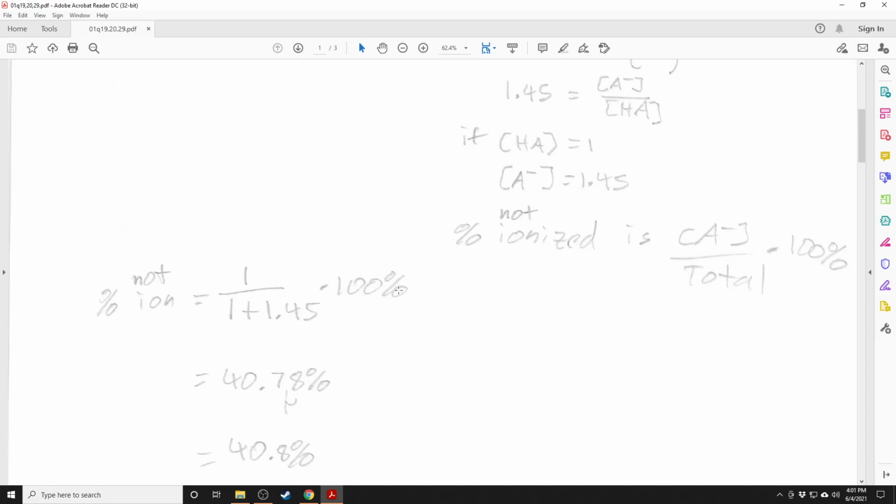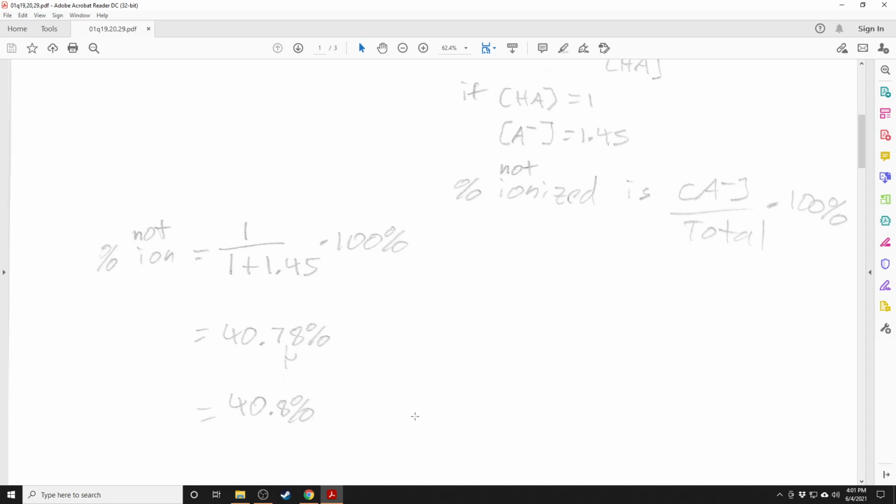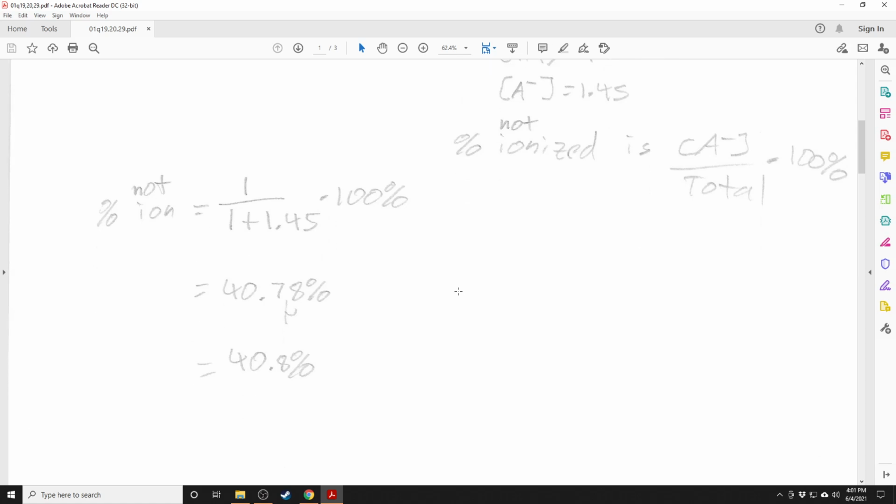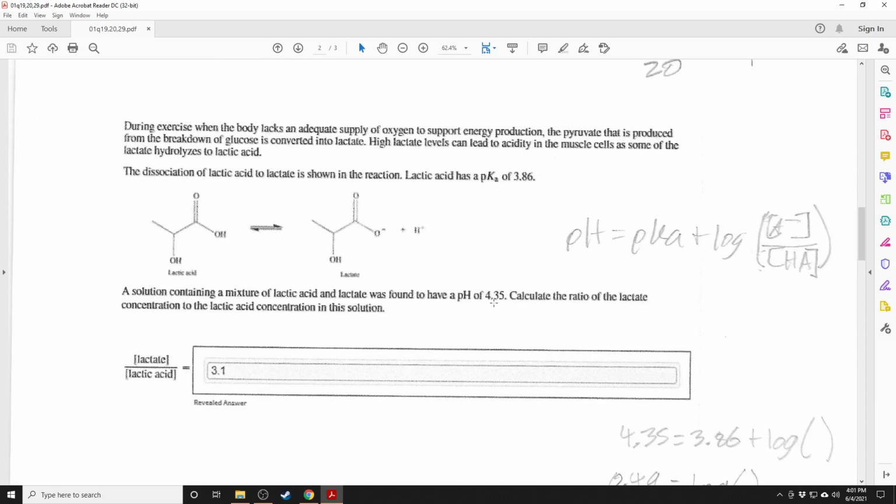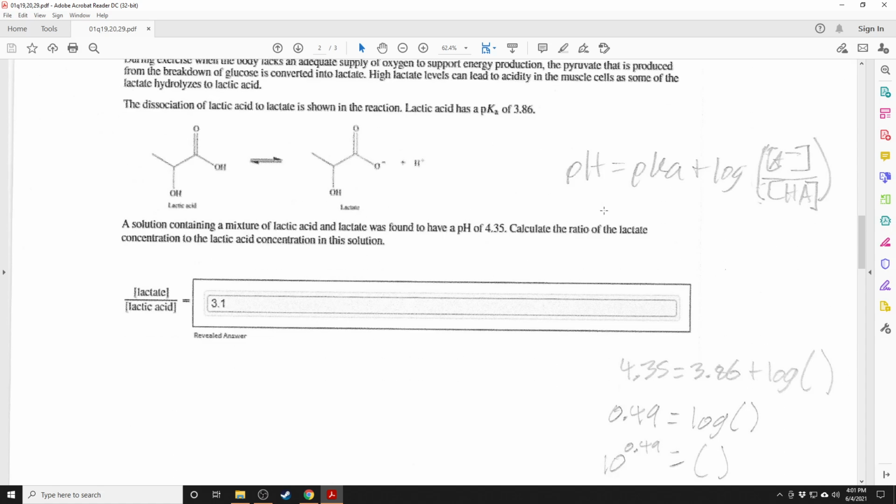I try not to show you problems using your numbers, because quite simply you don't learn anything from that. You just put in what I put and then you go on and don't learn anything. So this works much better because you actually learn how to do the problem by actually running through and doing it at least once. Okay, so again, this is just another Henderson-Hasselbalch problem.